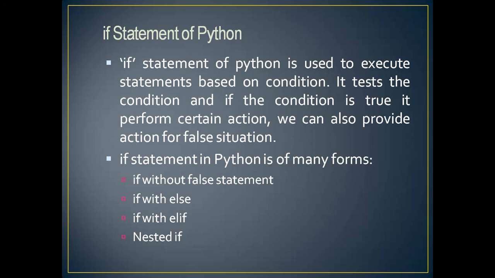That's why it is called a unidirectional conditional statement. If statement always says if it is true, what is to be done; if it is not true, it will not be informed there. Therefore the if statement in Python has many forms. Further we can see here the if without false statement, if with else, if with elif, and of course nested if.